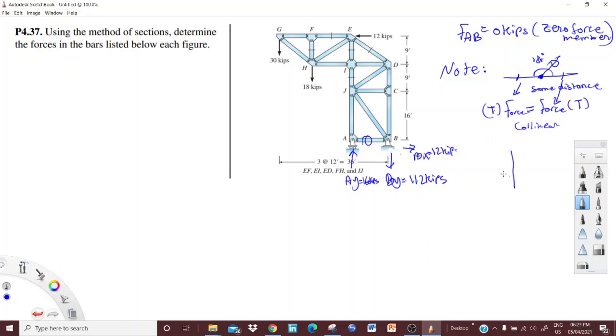Or if you have a joint with four members, each two connected together, this one and this one will be the same thing. This force is equal to this force, and this force is equal to this force. If this is compression, this will be compression. If this is tension, this will be tension.